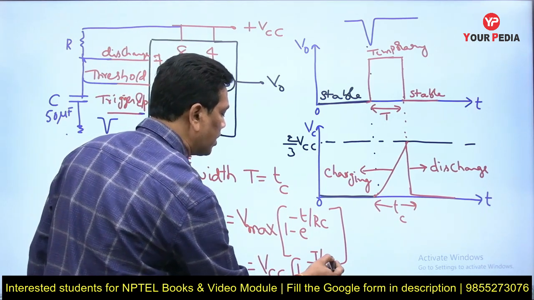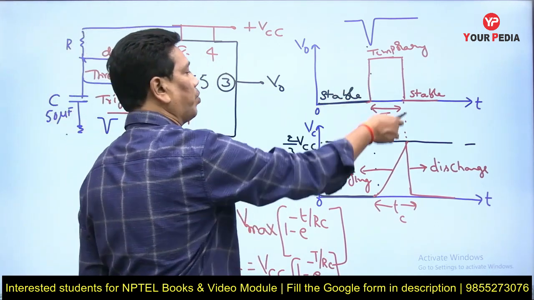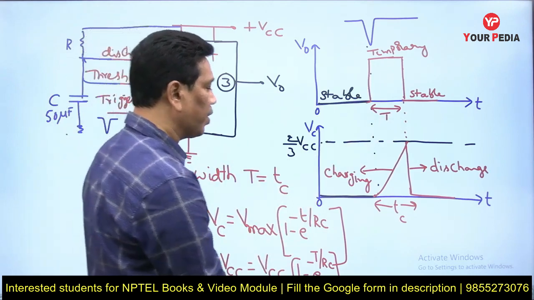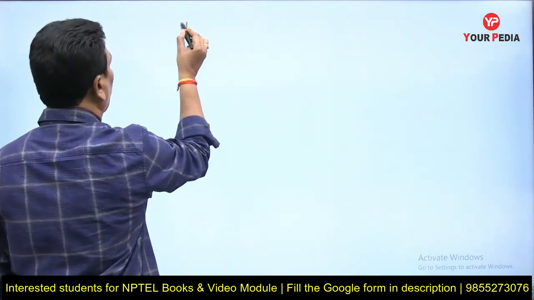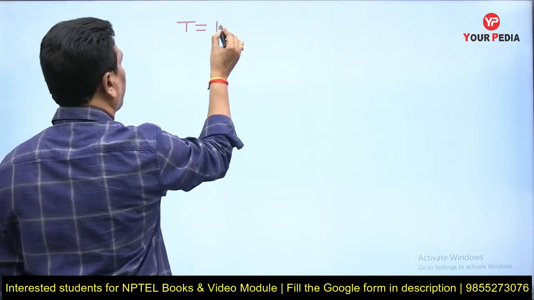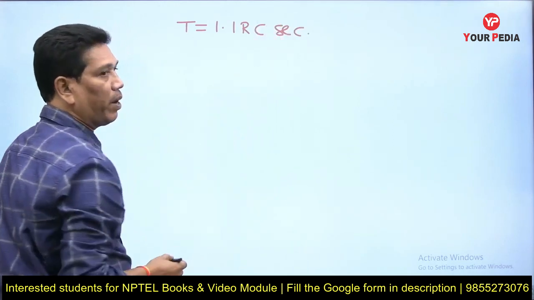The pulse width is calculated only during the temporary state. By simplifying this, you get the output pulse width T equal to 1.1 RC seconds.